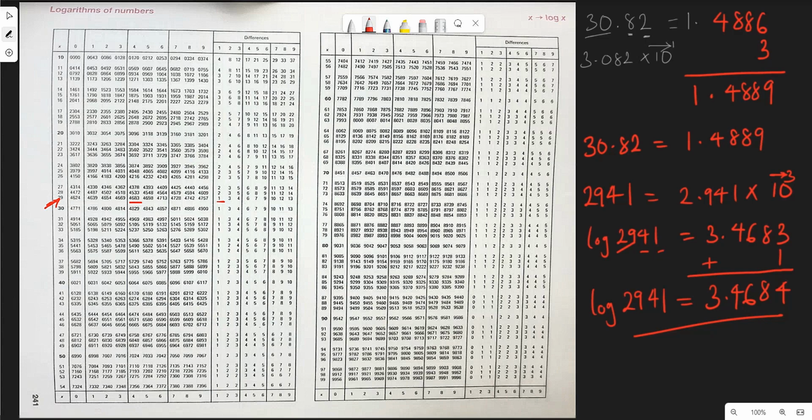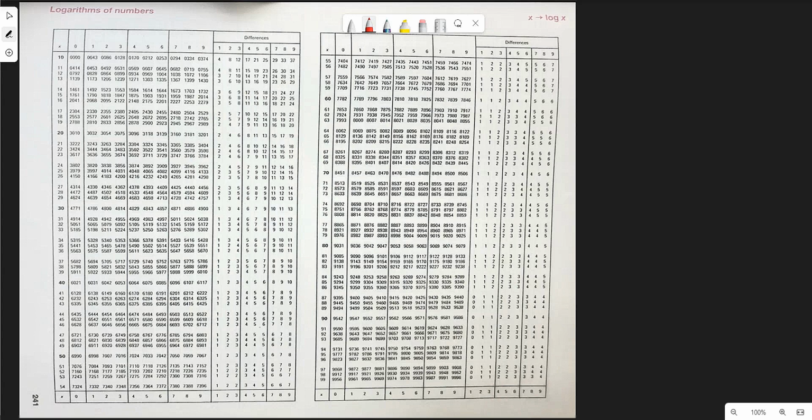Let's take a look at one more example. Find the logarithm of 76.7. How do I do this? Express this in standard form. We're going to have 7.67 times 10 raised to the power of 1. Therefore, the log of 76.7 is equal to 1.